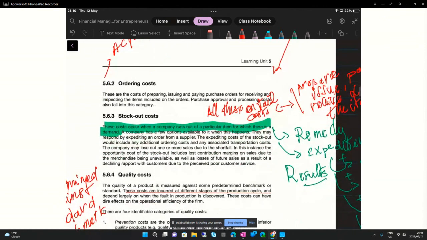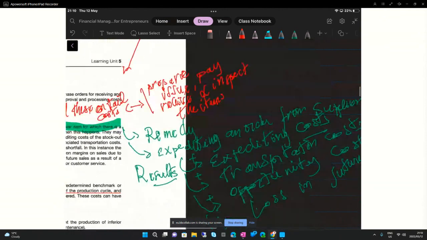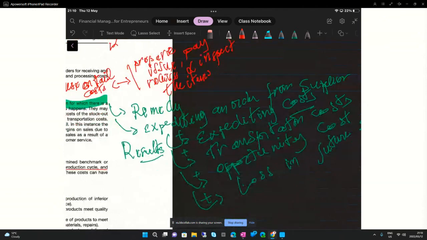Okay, so you have, for instance, stock out cost. These costs occur when a company runs out of a particular item. We've already mentioned that. So there is a demand for a particular item that we run out of. But beyond that, there are other things also implicated. There is expediting cost, for instance. If we are running out of that item, how much is it going to cost us to expedite an order of supply?